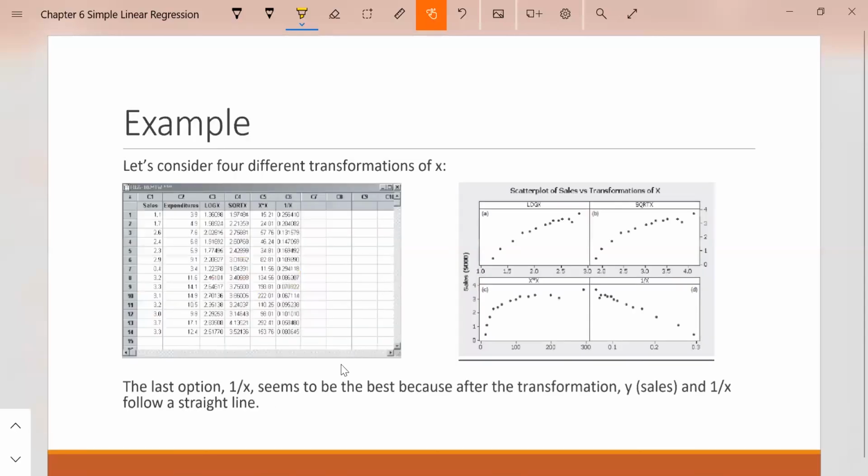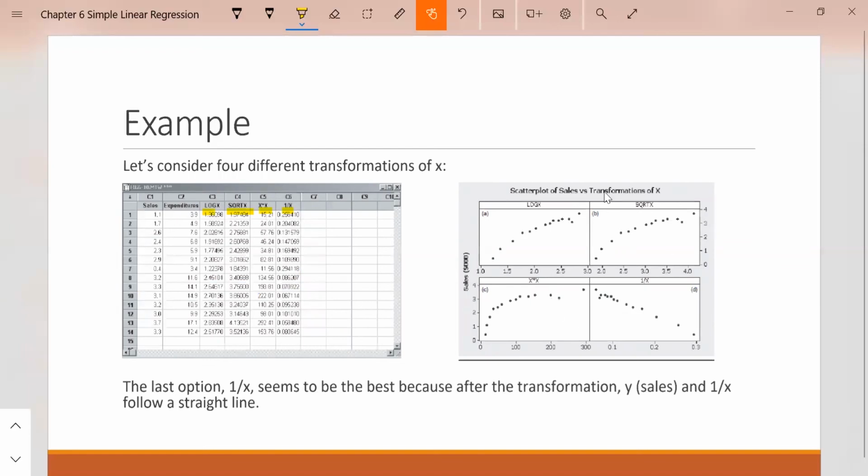So therefore, let's consider 4 different transformations of x. We've got log of x, square root of x, x squared, and 1 over x. Then for each transformation, we will get the scatter plot to compare and determine which transformation gives us the best result.